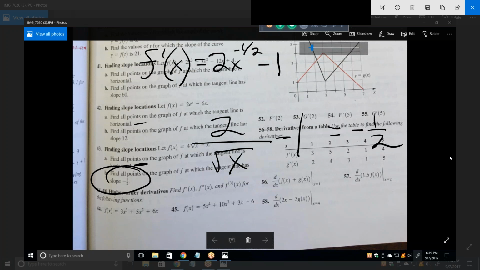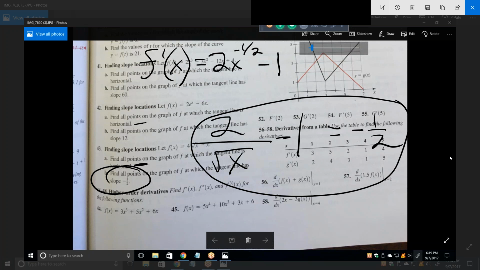That's not hard. You know how to solve that. So I just get 1/2 equals 2 over root x. Okay. So you get 2 over root x equals 1/2. Now what? Cross multiply. Now you get 4 equals root x. And then 16. Okay.